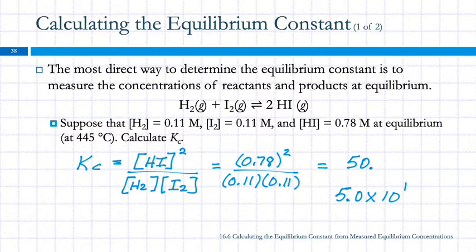So there's going to be significant amounts of reactants and products at equilibrium. And if we just look at these concentrations, we can see these are smaller than that, but they're in the same ballpark. Any other questions?